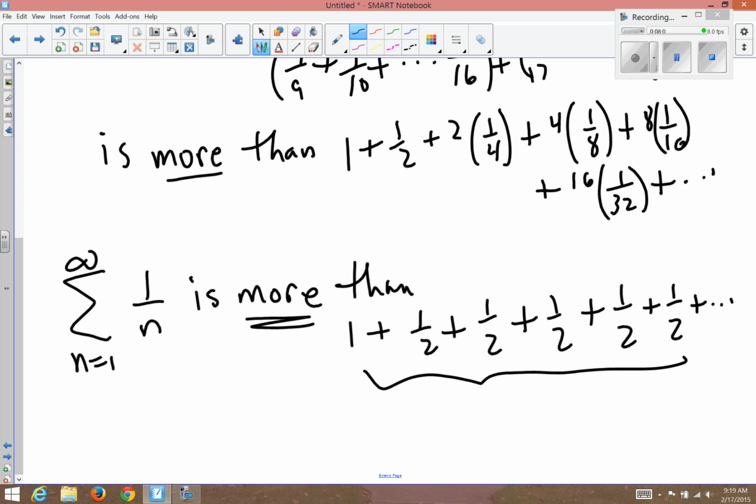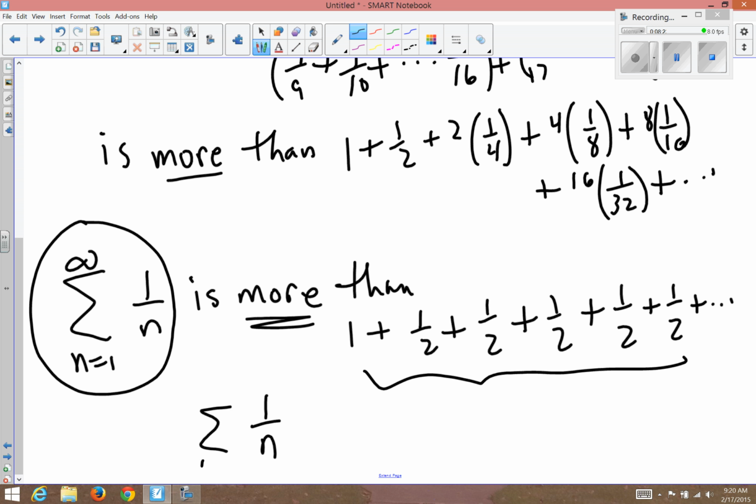This total here is going to be infinity. We keep adding 1 plus a half plus a half plus a half forever. That will be infinity. And the total of these is more than that, more than infinity. So that means this series diverges.